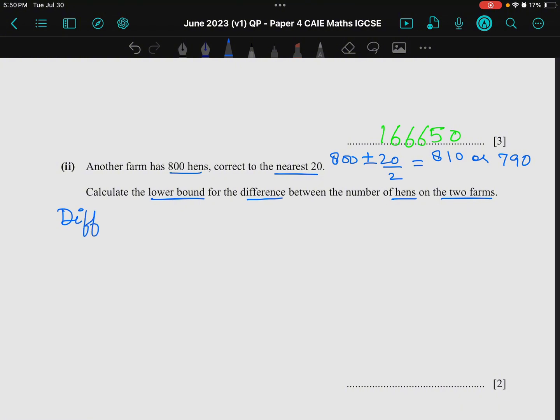So since here we have to calculate the difference, for difference what you will do, you will take the lower bound of the first and the upper bound of the second. So lower bound minus upper bound. So for lower bound for the 800 hens it is 790, and for upper bound for the first number of hens, which was 500, it is 505.